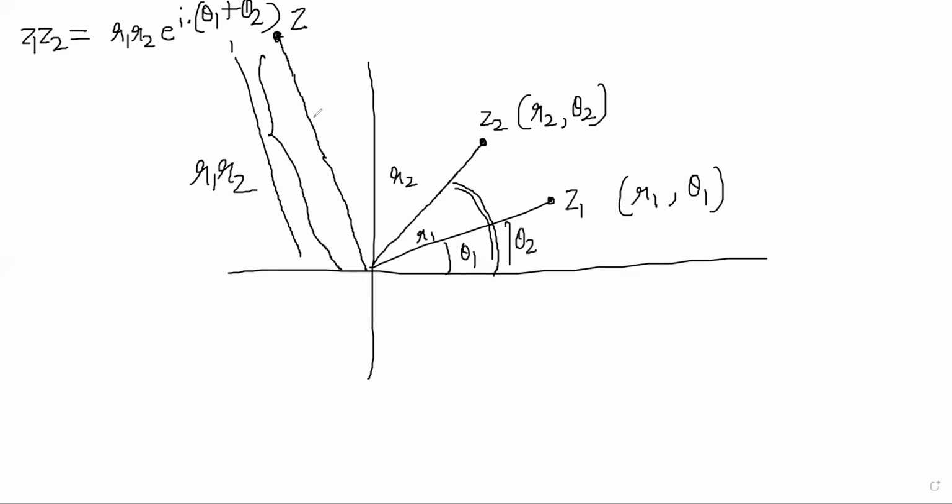This is your product, and this total angle is equal to theta 1 plus theta 2. So multiplication is basically a rotation of the complex number by some angle and also a stretching of the complex number, right? So it's a transformation that involves scaling plus rotation.